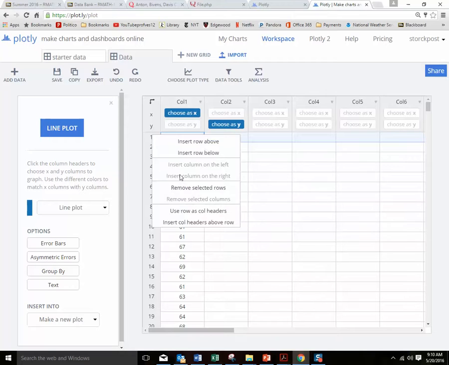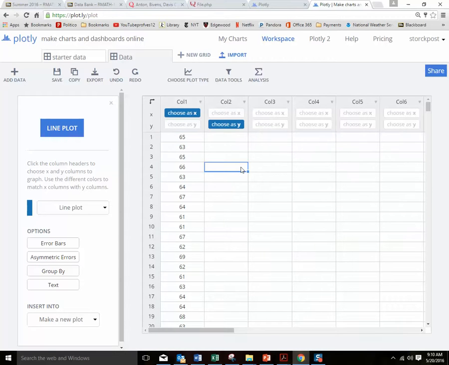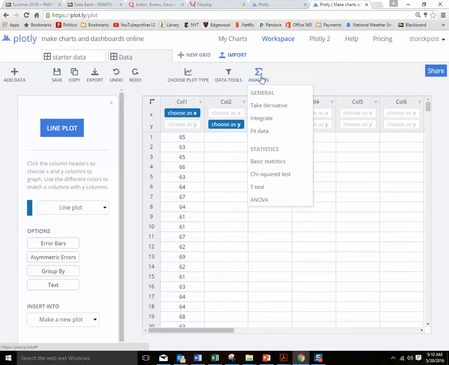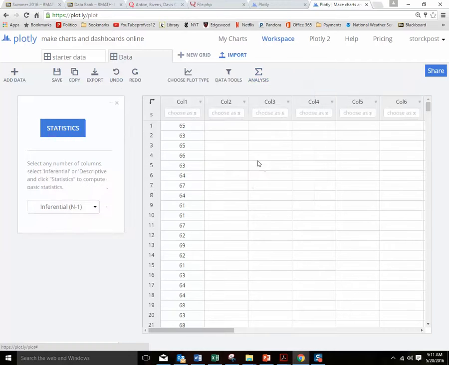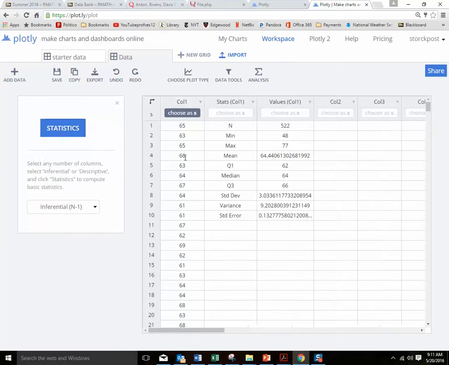So I right-click, remove selected row, and now I've got just the data in Plotly. And then I go to Analysis, Basic Statistics, choose as S. This is my sample. Click on Statistics, and then here it is. The mean is 64.4, the median is 64, and the standard deviation is 3.03. So that's how you do that one.